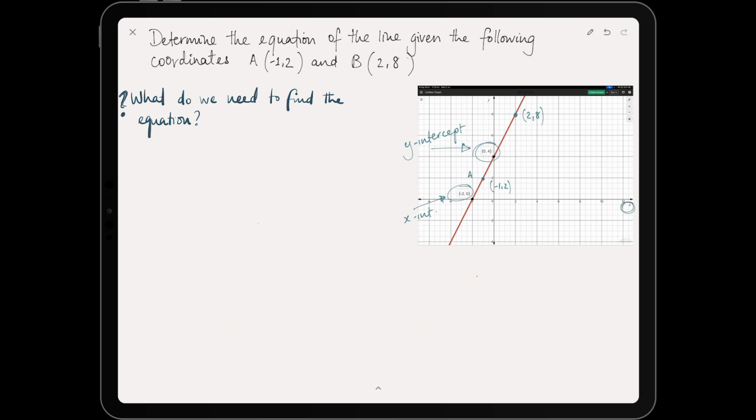We've got a few things here now. So what do we need to find the equation? Let's think back to the equation, y equals mx plus c. We identified in the previous video that m is equal to the gradient and c is equal to the y-intercept.